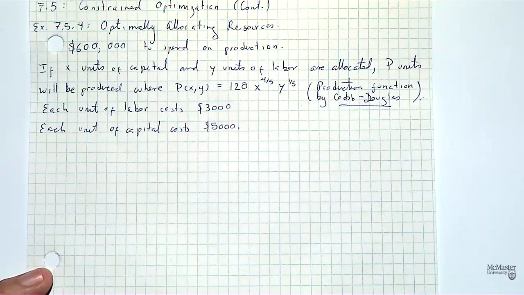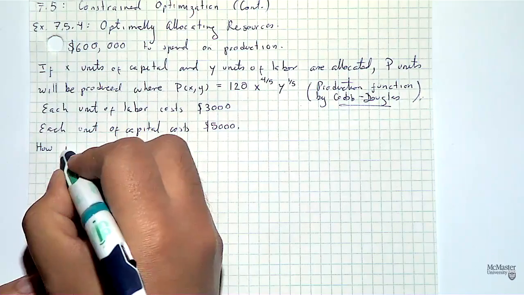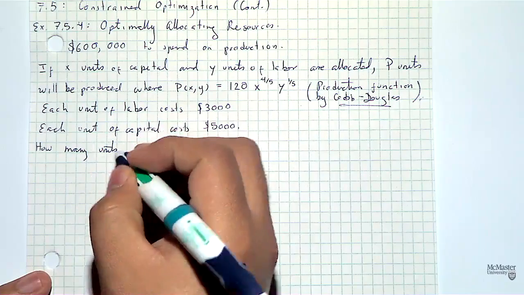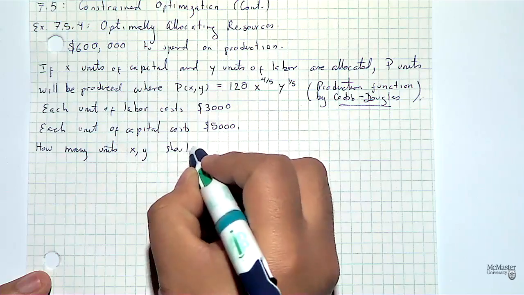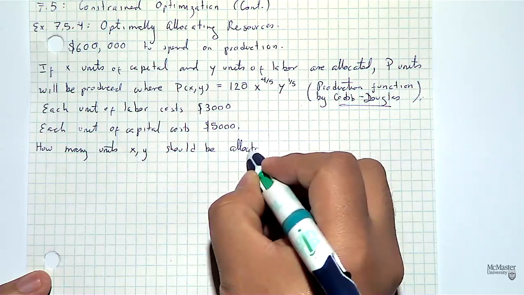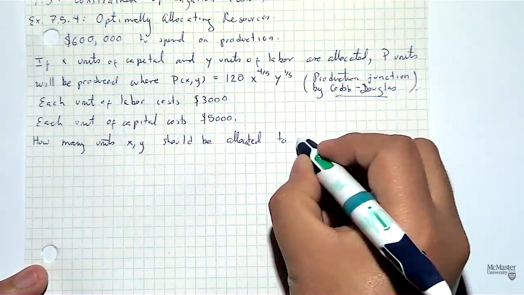So the question is, how many units, X and Y, should be allocated to maximize production?